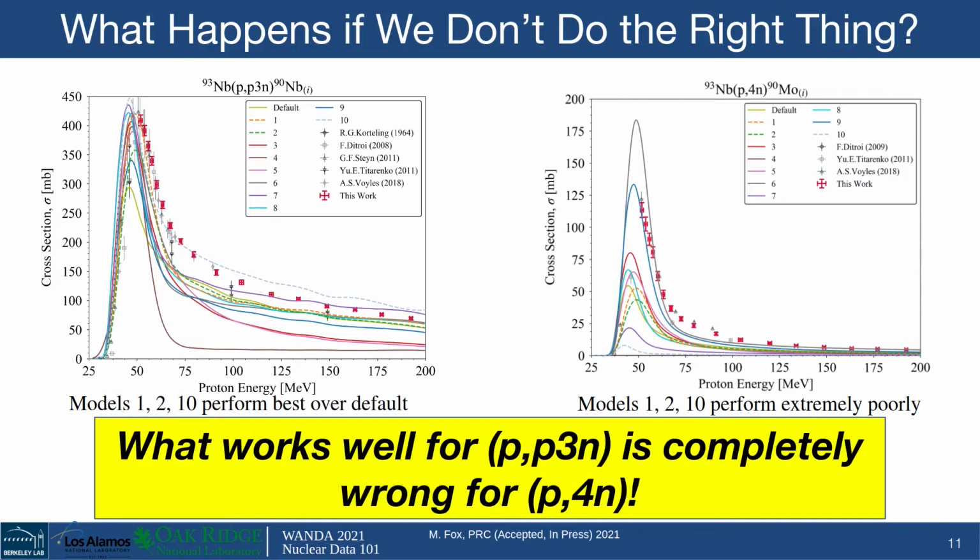However, as soon as we look at a neighboring channel, in this case the production of molybdenum-90 through the competing p4n channel, we see that this approach is certainly naive, in that models 1, 2, and 10, which previously performed well for the production of niobium-90, perform extremely poorly here.